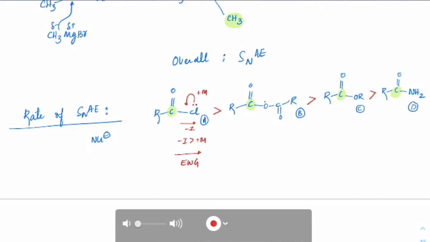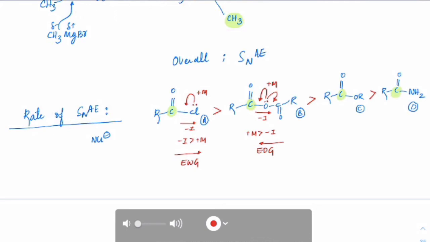Same way here, oxygen is giving plus M and pulling by minus I, but in the case of oxygen, plus M is dominant over minus I, and overall it is an electron donating group. But this lone pair can be resonance stabilized on this side also, so it is a cross conjugation.